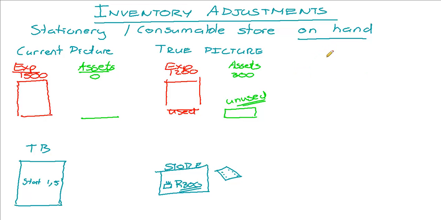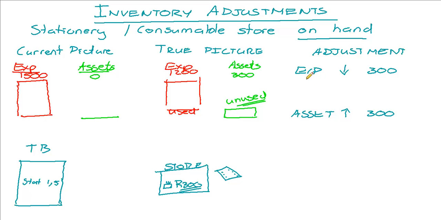So the adjustment here is that my expense needs to decrease by 300 Rand, and my asset needs to increase by 300 Rand.